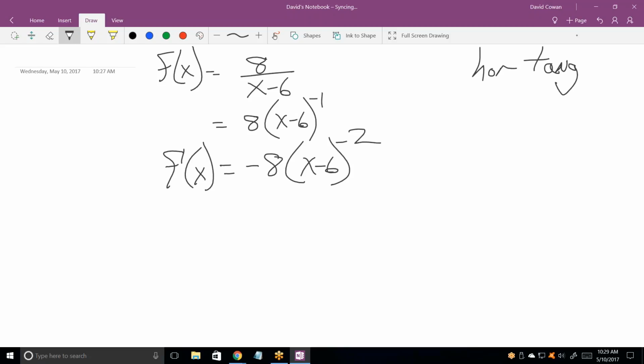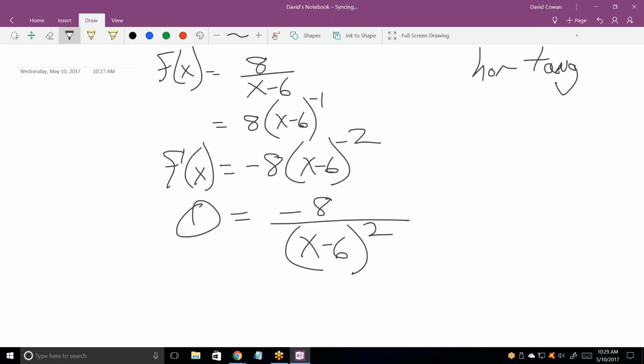I do have to be aware that I would have a chain rule. If that was a 2 or a 3 in front of the x in the beginning, I would have to apply that chain rule. Now if I rewrite it in the original format with positive exponents, notice why that cannot be 0.